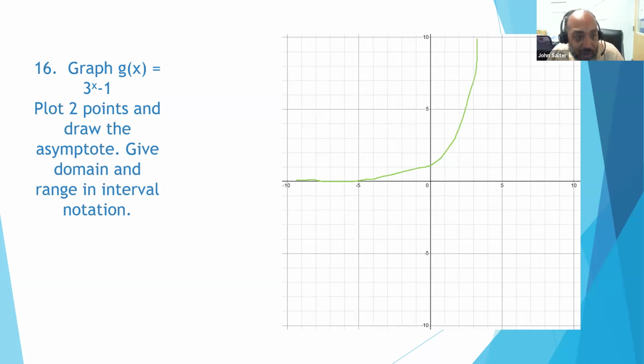For this one, I have a negative 1 outside. That negative 1 is telling me to translate down 1 unit. So instead of having an asymptote at the axis, it's going to have an asymptote at 1 unit below that. So right about here. And instead of hitting at 1, it's probably going to hit at 0. So something kind of like this.